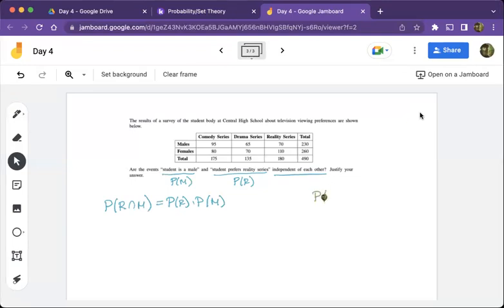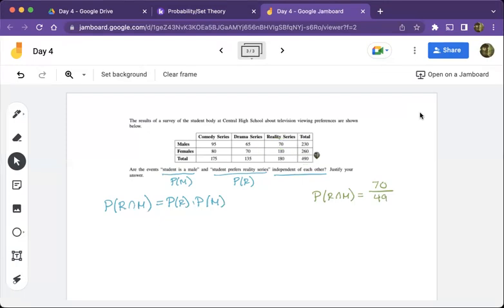The probability that students prefer reality series and male is going to be right here, 70, because it's both reality series and males. So it's 70 over the total, which is 490.